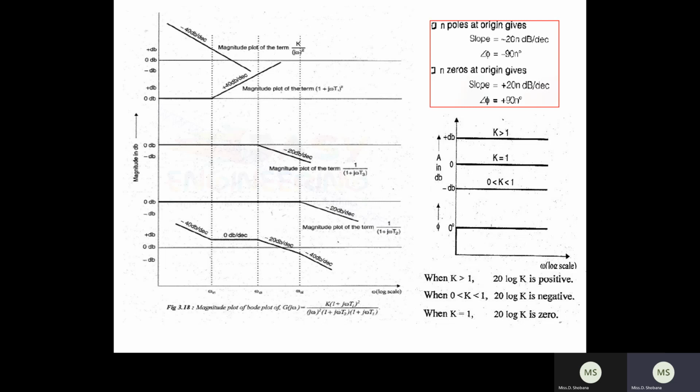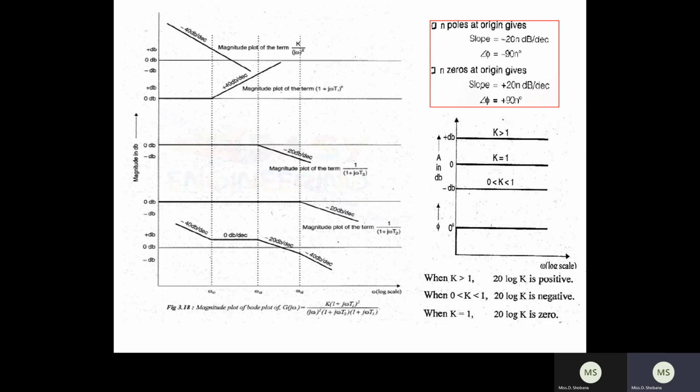If n poles are available at the origin, the slope will always be minus 20n, that means decreasing, and the phase angle will be minus 90n. If you have n zeros at the origin, the slope will always be plus 20n, that means increasing, and the phase angle will be plus 90n. That we have to remember.